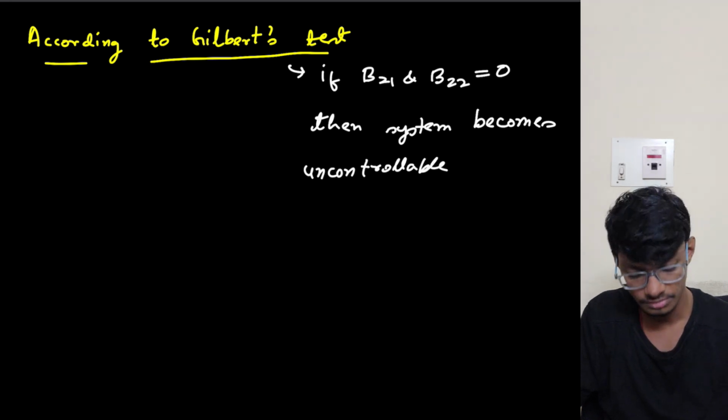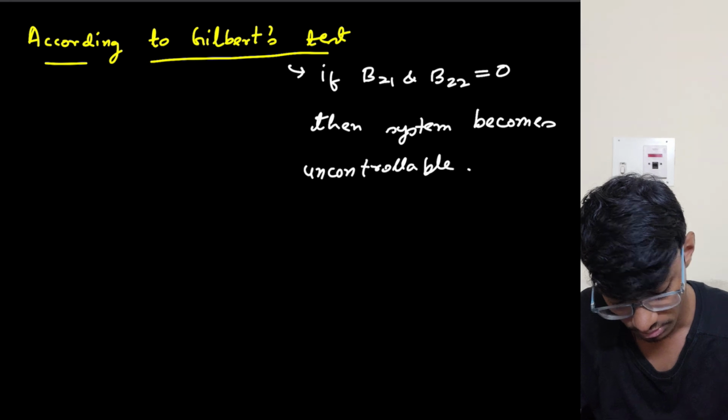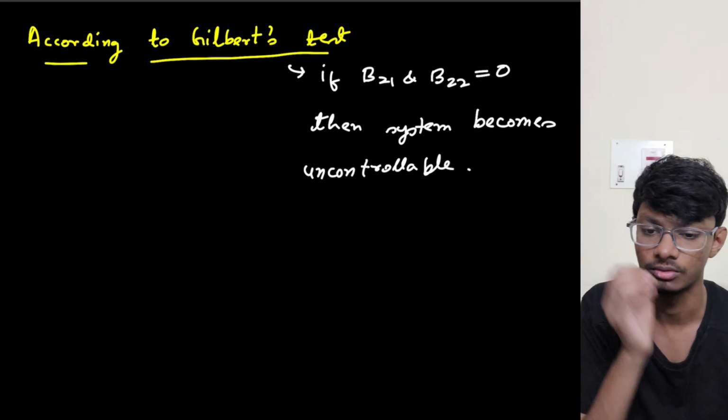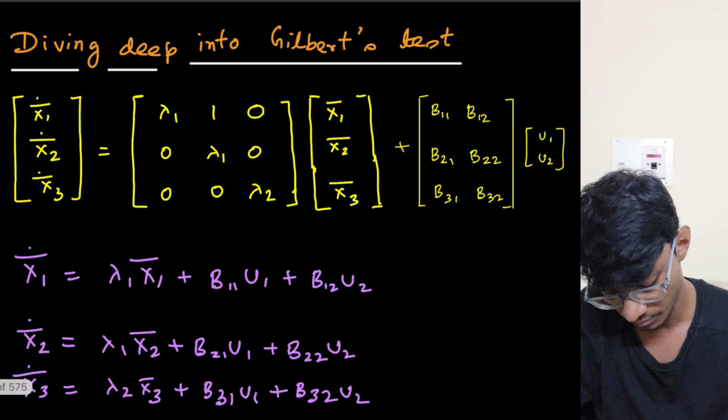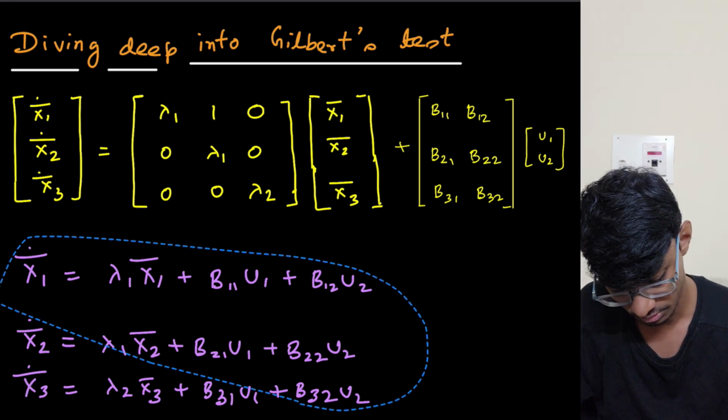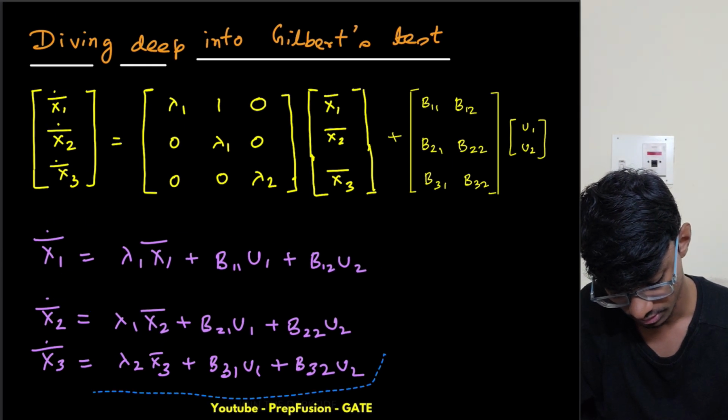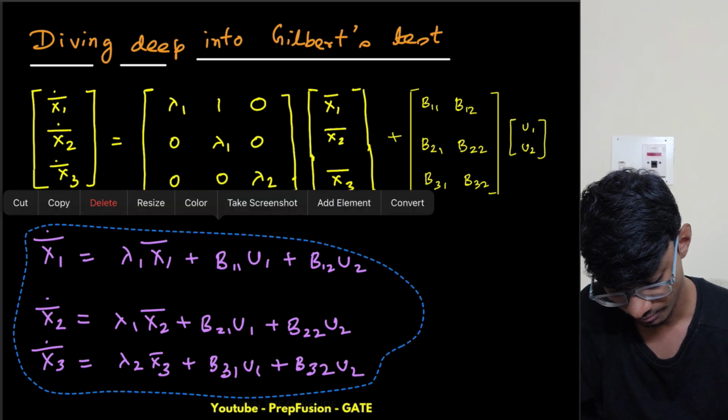So let's put b21 and b22 as 0. Then what does this become? Let me copy this equation. Let me zoom out a bit. Copy this equation.